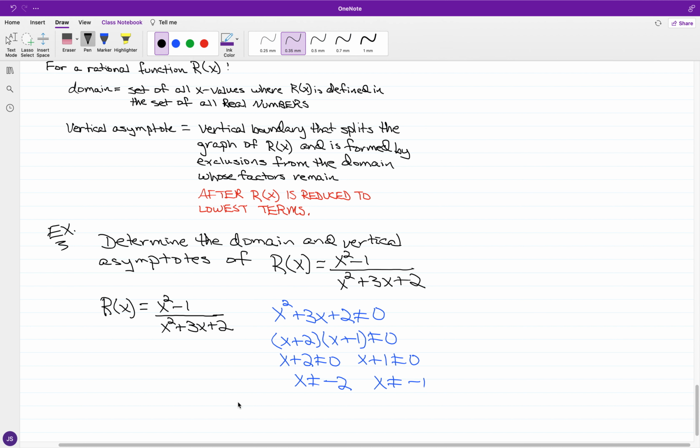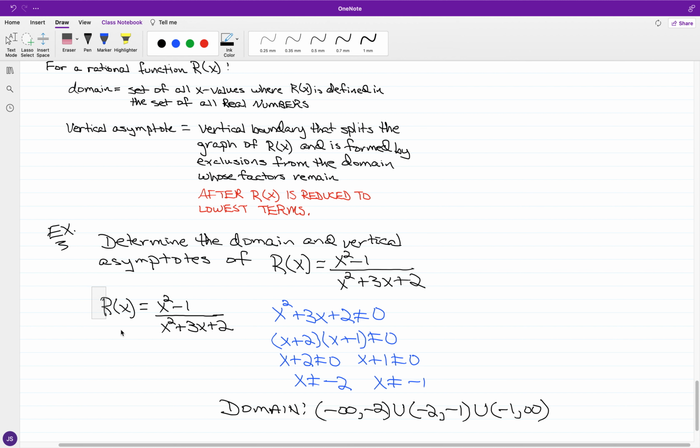So for the domain, you have those values of x less than negative 2, negative 2 is bypassed, those values past negative 2 approaching but not including negative 1, and the rest, those values of x greater than negative 1. That is the domain.